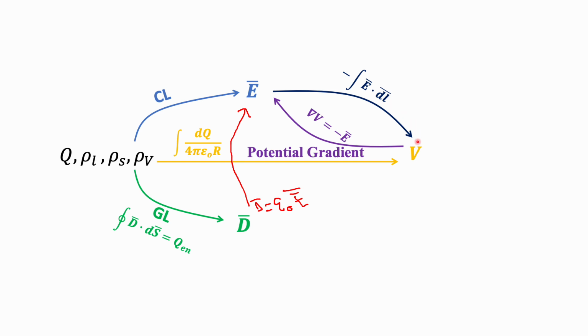And we have also learned how, from the charges, to measure the potential by using this formula, integration of dq over 4 pi epsilon naught r, where this dq you can replace with rho l dl for line charge, rho s ds for surface charge, and rho v dv for volume charge.